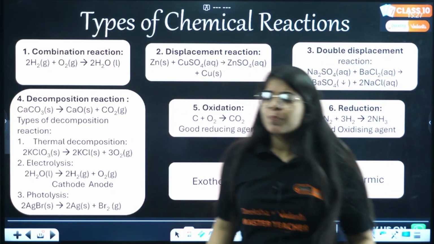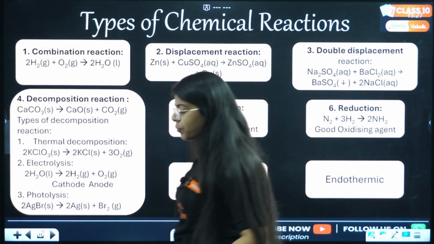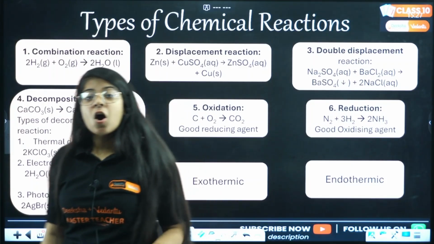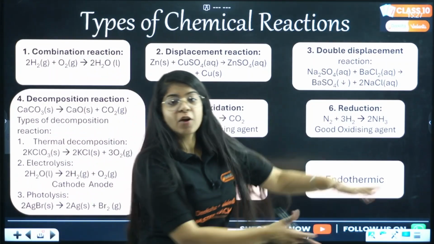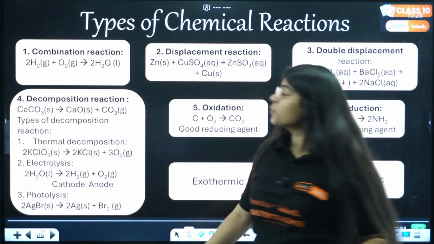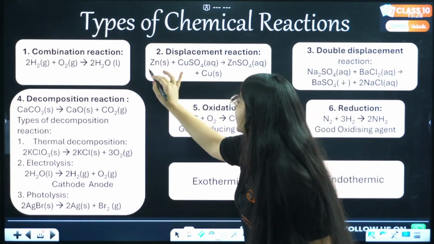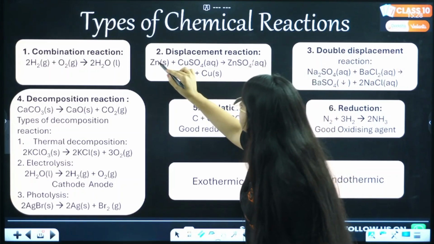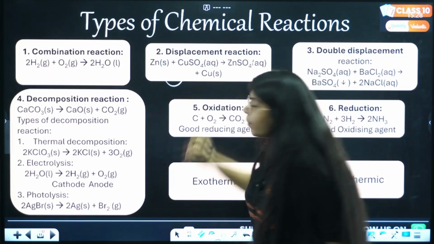Understood? Displacement reaction. Displacement means in Hindi we say खिसकना, right? Or we can say to move from that place is called displacement. See very carefully, Zn plus CuSO4. Now the product is ZnSO4. That means Zn displaced copper.